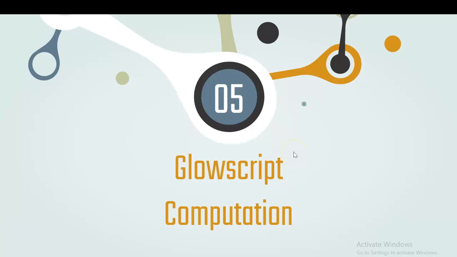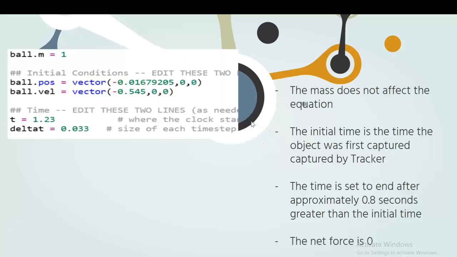And in our GlowScript computation, to go further into our findings from the Tracker analysis, we found that mass is not relevant, so we set that value equal to 1. We also used the initial x position found in Tracker, and the velocity from the previously mentioned formula.